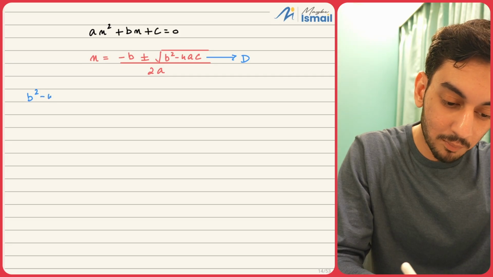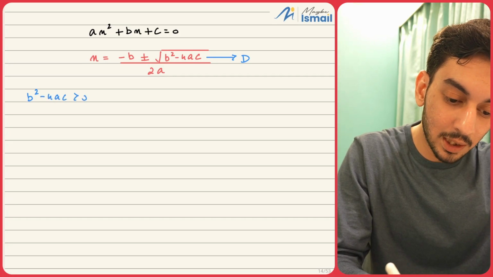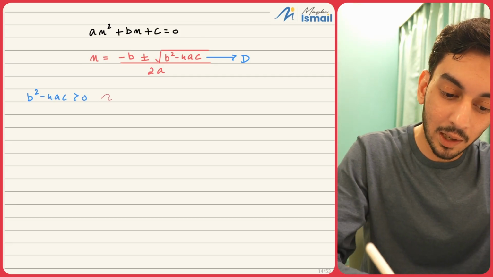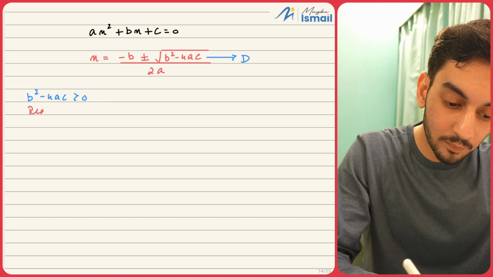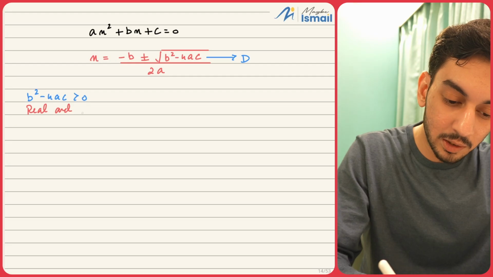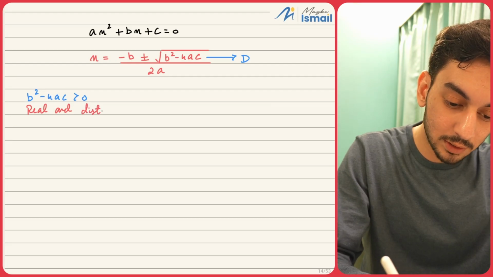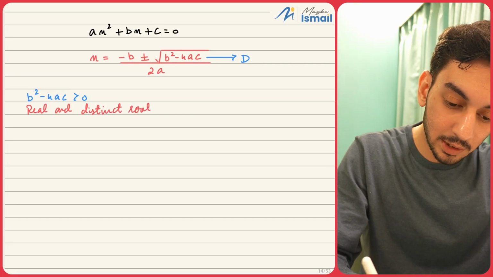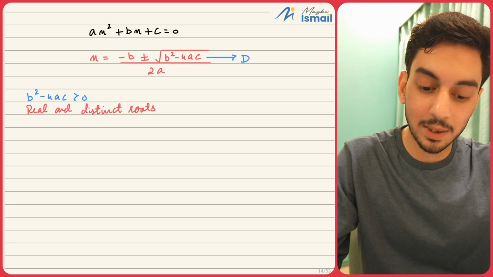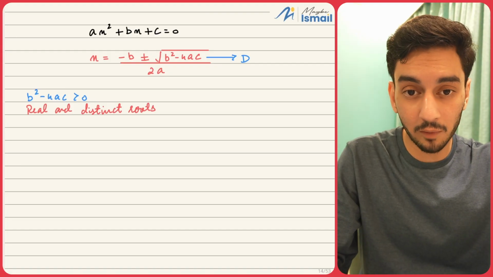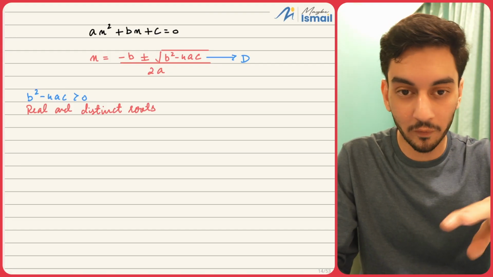Now what if b square minus 4ac is greater than 0? So if b square minus 4ac is greater than 0, I will have real and distinct roots. What do I mean by this? By this I mean that when I solve the quadratic equation, I'll get two different values of x.